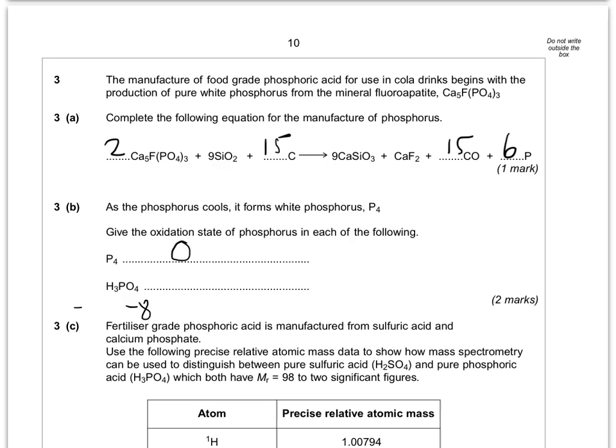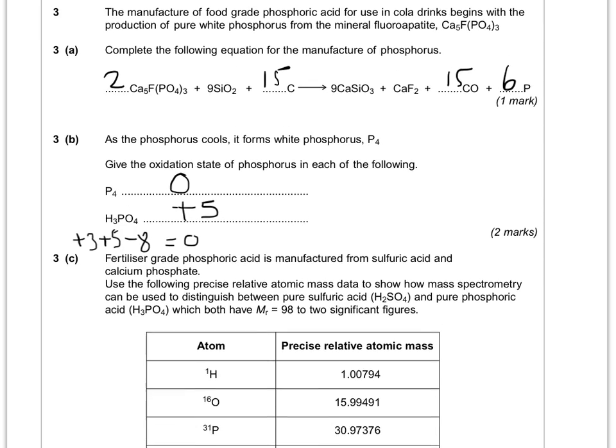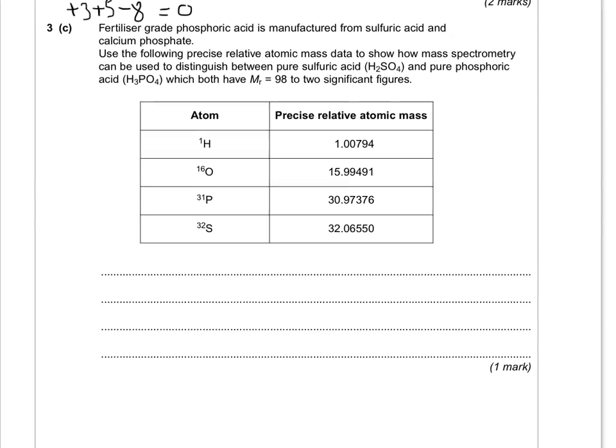You've got +3 from the hydrogen because each one of those is +1. And then to make this equal 0, you've got to have +5 from the phosphorus. So this is +5. And if you're going to do working, I'll do it off the line because you want to write your answer on the line so there's no other numbers there to confuse the examiner, or at least not give them any excuse to not give you the mark.